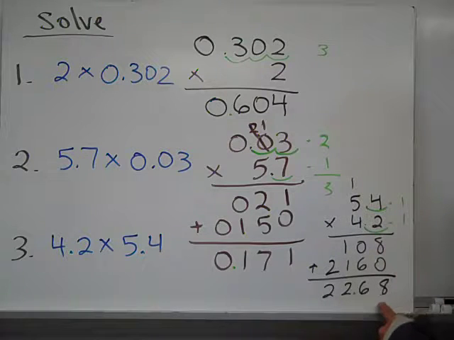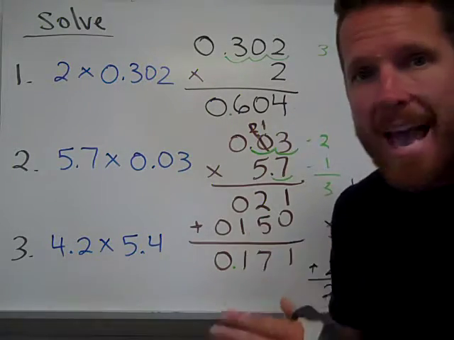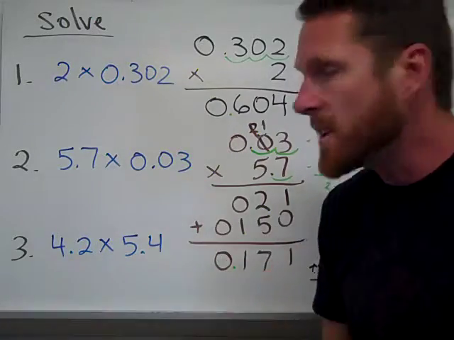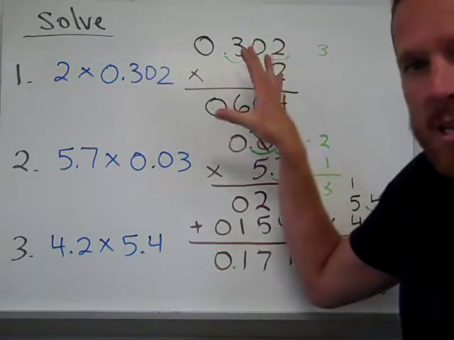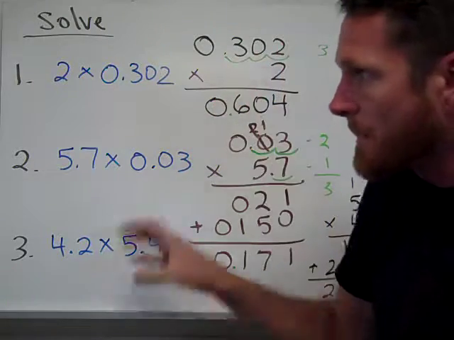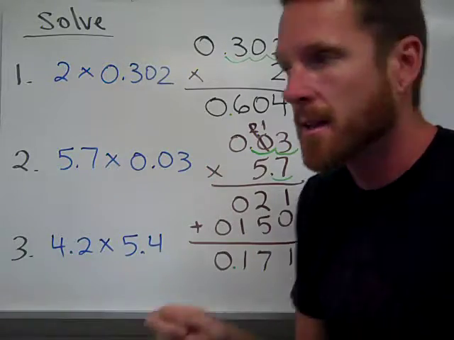It equals 2, so 2 count in. Done. The biggest part here is counting out the decimals and counting them back in. The rest of it is just simple multiplication that you've been doing for years now, and it's all about the decimals, counting out, counting back in.